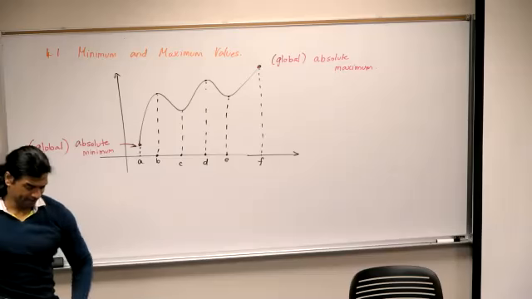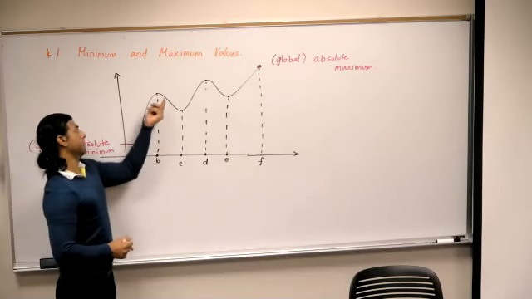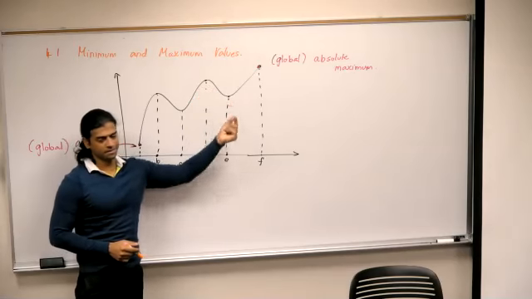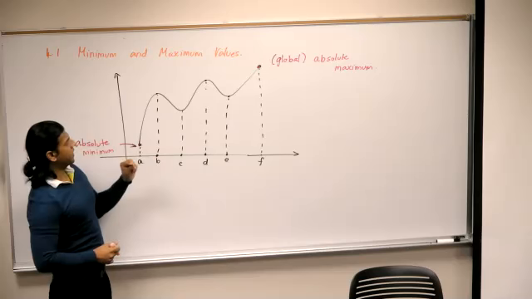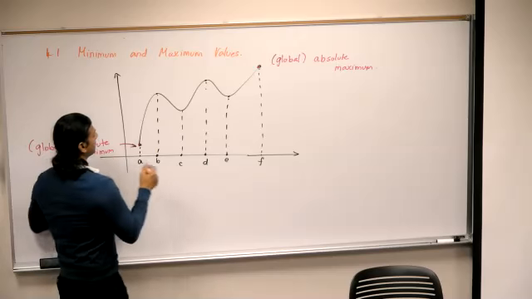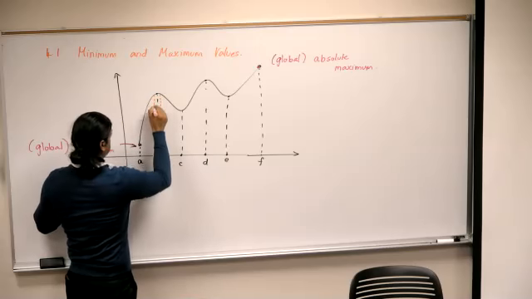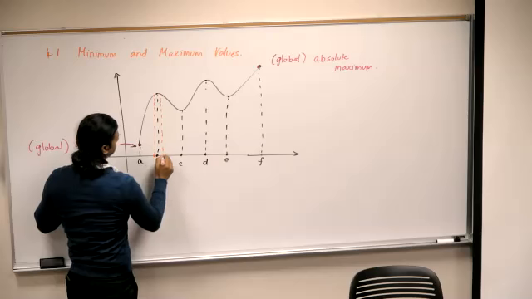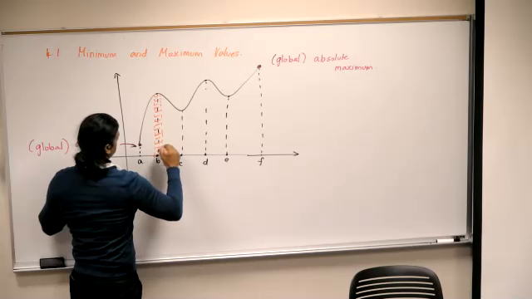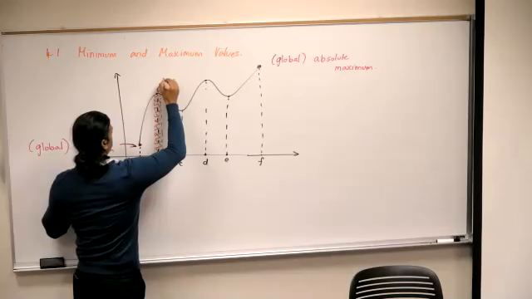Well, what about the values that are in the middle? There is some sort of a maximum here, a minimum there, maximum there, minimum here. All of those happen on a small interval. For instance, this particular value at B. So this is where we're looking at the other things that we were doing with approximation.